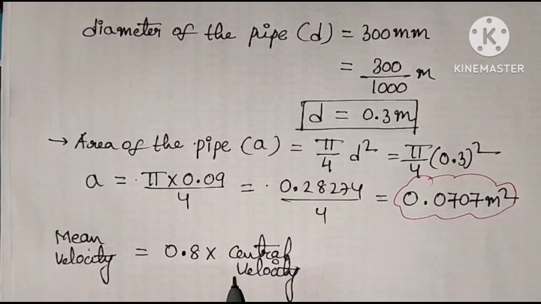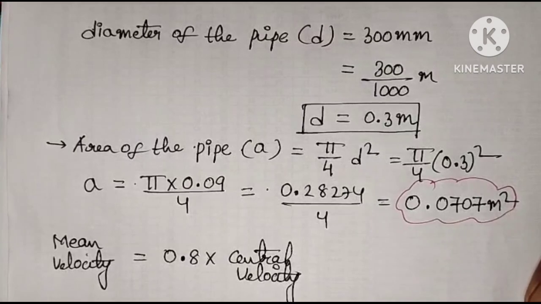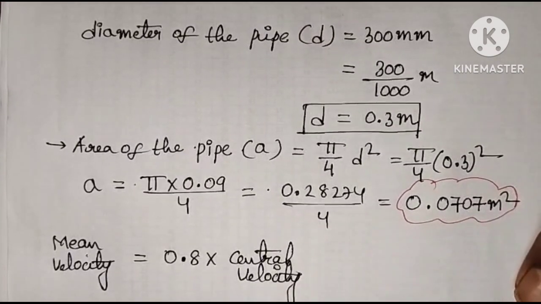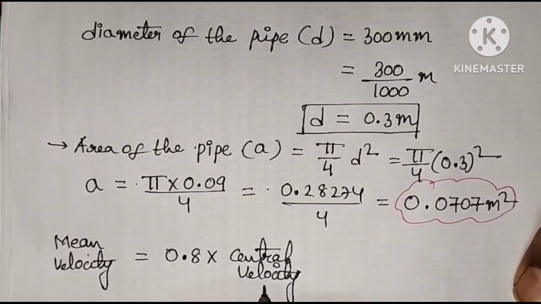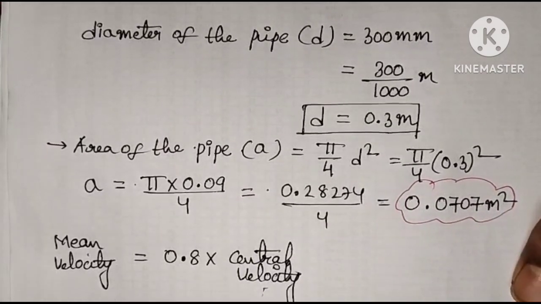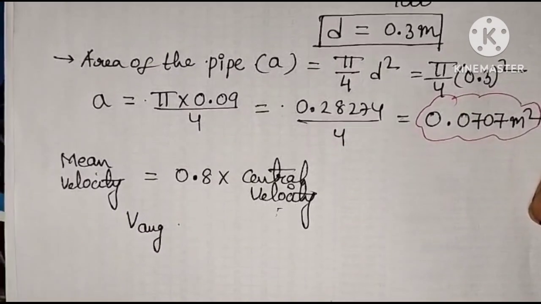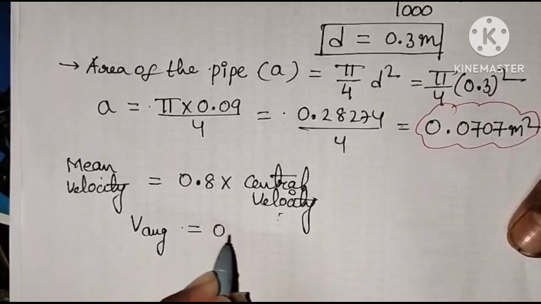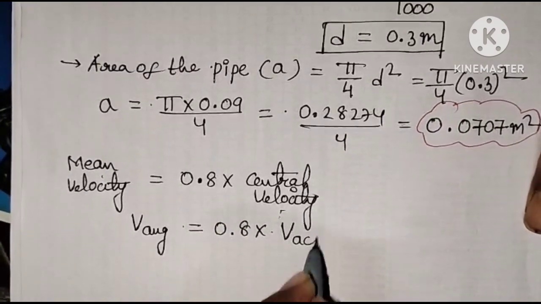Now, what is meant by central velocity? Central velocity means the actual velocity of the pitot tube. Mean velocity means average velocity. So V average is equal to 0.8 into central velocity, that is, actual velocity.